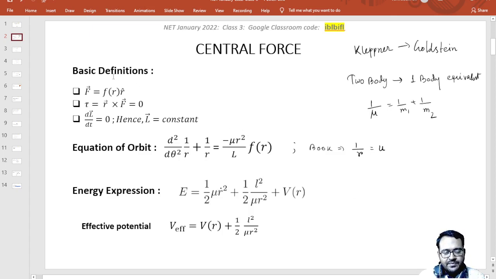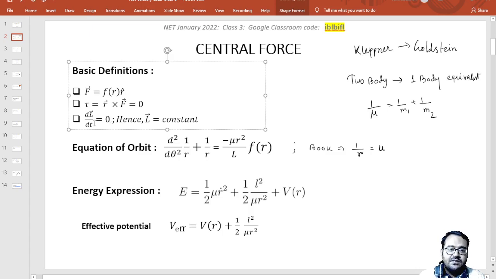From the basic rules of mechanics, if your force is a central force, then the torque r cross F should be 0 because r and r cap are in the same direction. If torque is 0, then since torque is the rate of change of angular momentum, dL/dt equals 0, hence L will be a constant. That's my first formulation.